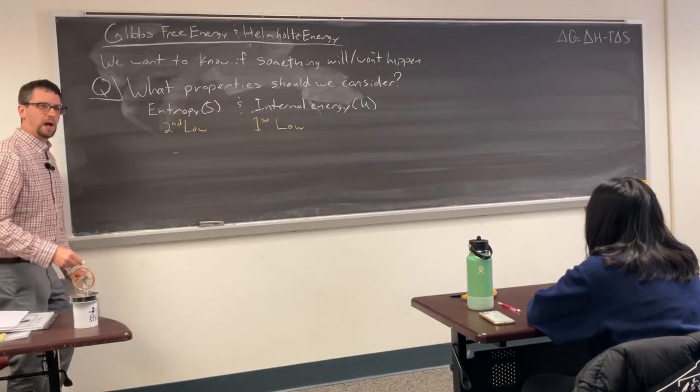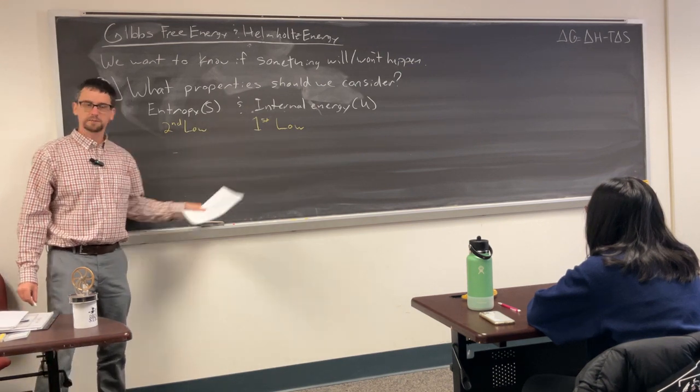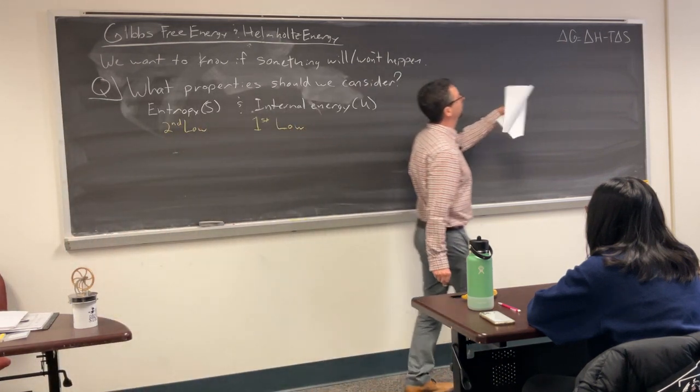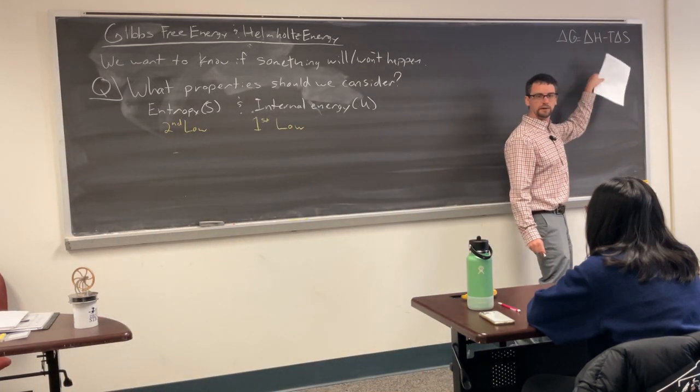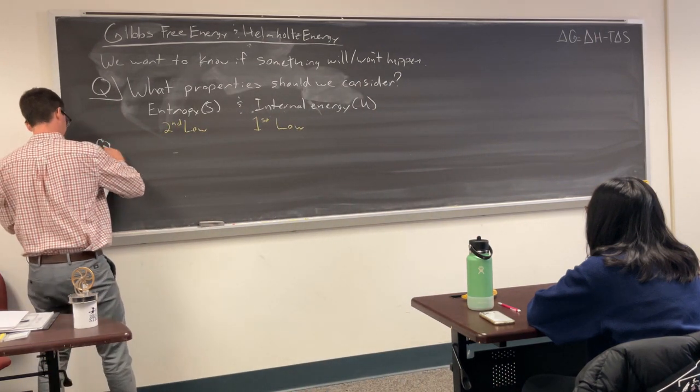So now we have our properties. Now let's think about what we need to happen with these properties to make something occur. What I want you to really think about is this equation a little bit over here. So, question.